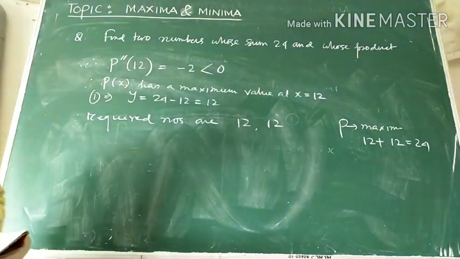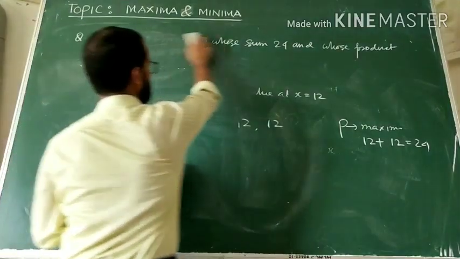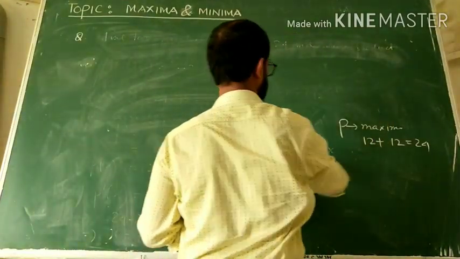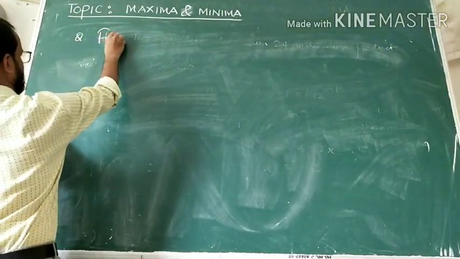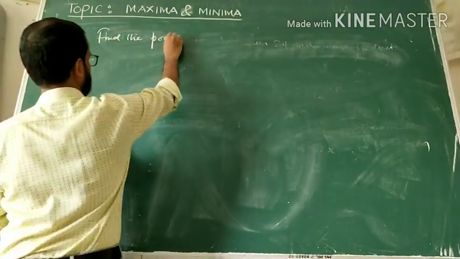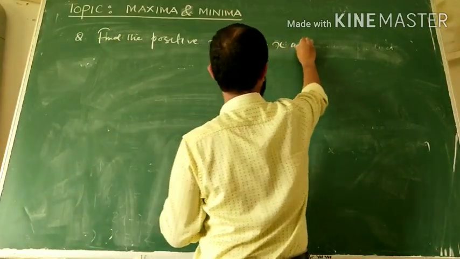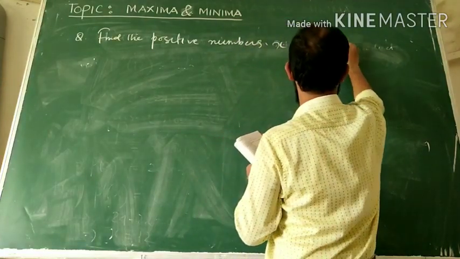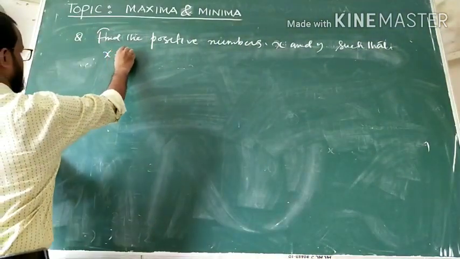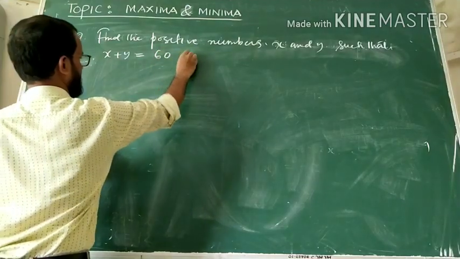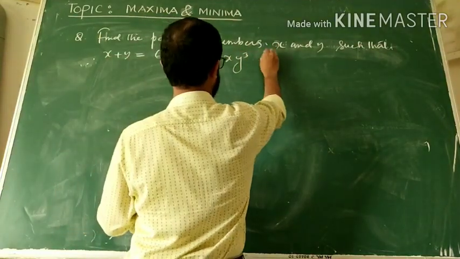Question is: find the positive numbers x and y such that x plus y, their sum is 60 and x y cube is maximum.